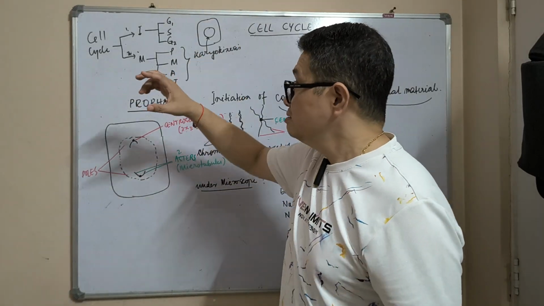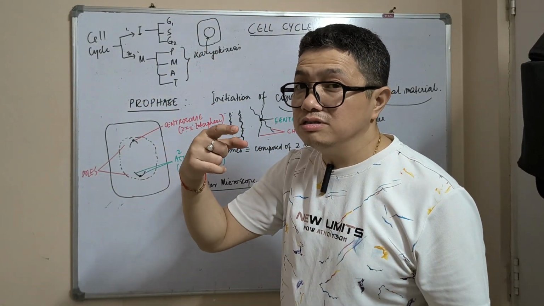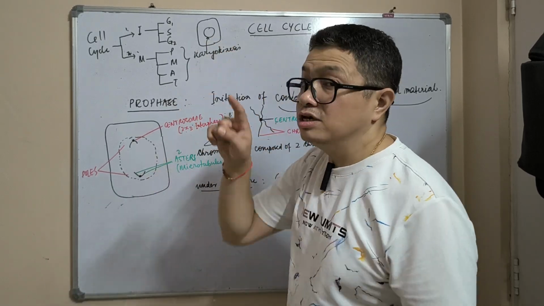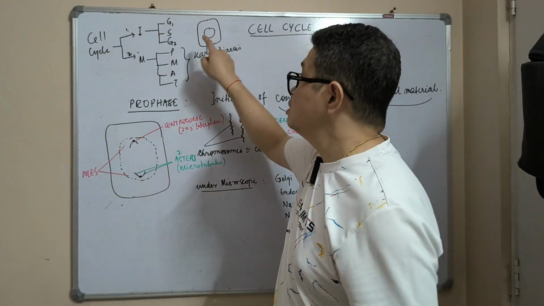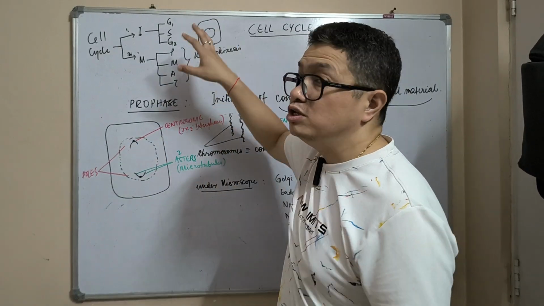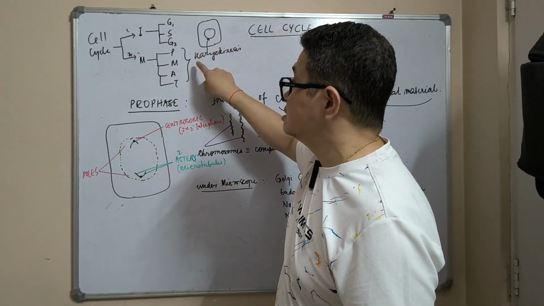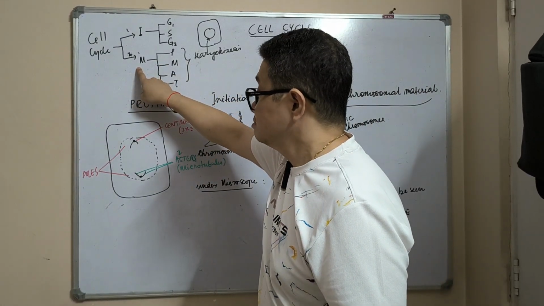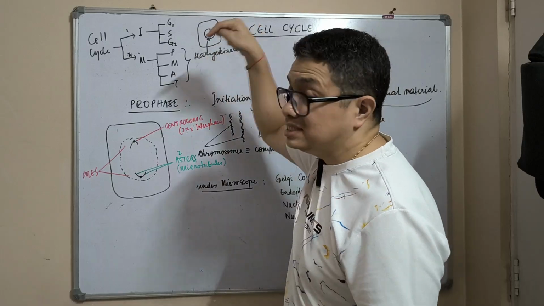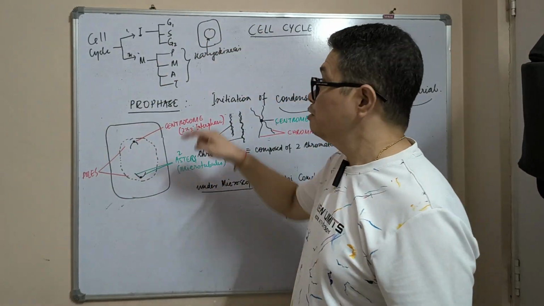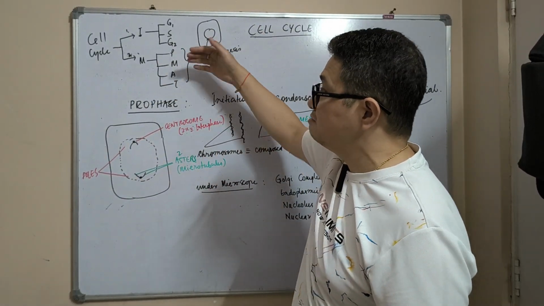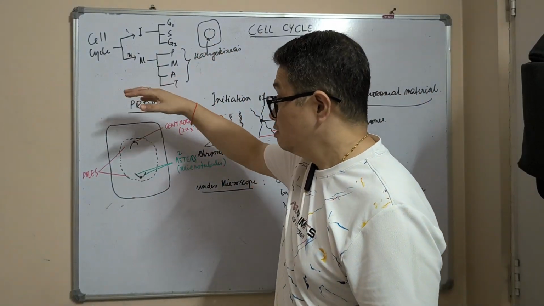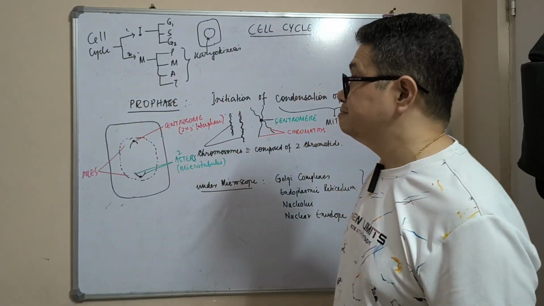It is only the division occurring inside the nucleus, and it is called karyokinesis. It is not the division of the cytoplasm around the nucleus. Prophase, metaphase, anaphase, and telophase are the four subphases of mitosis.